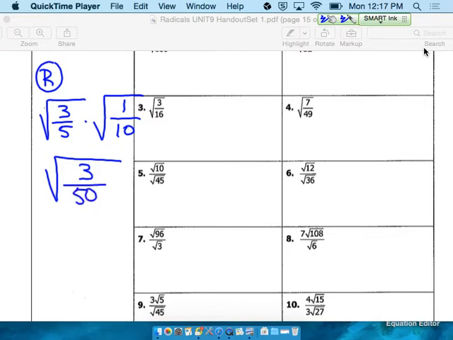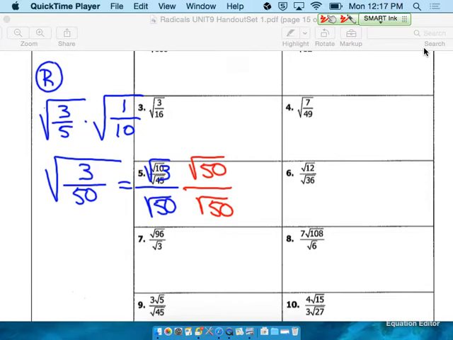I could break this into pieces, radical 3 over radical 50, and then rationalize the denominator, and I would have the square root of 150 over the rational number 50.